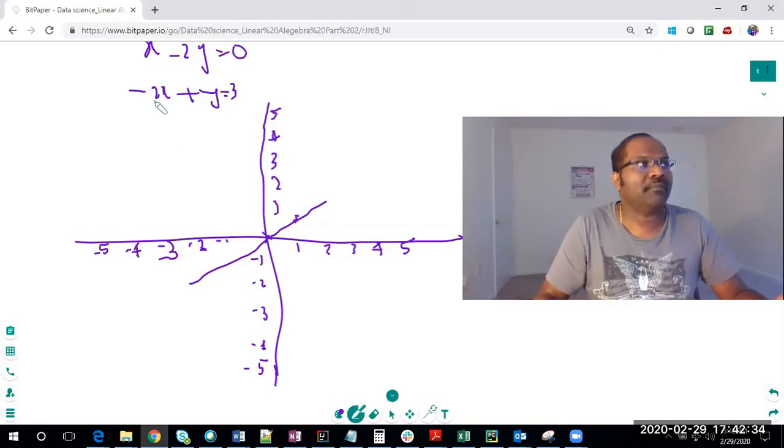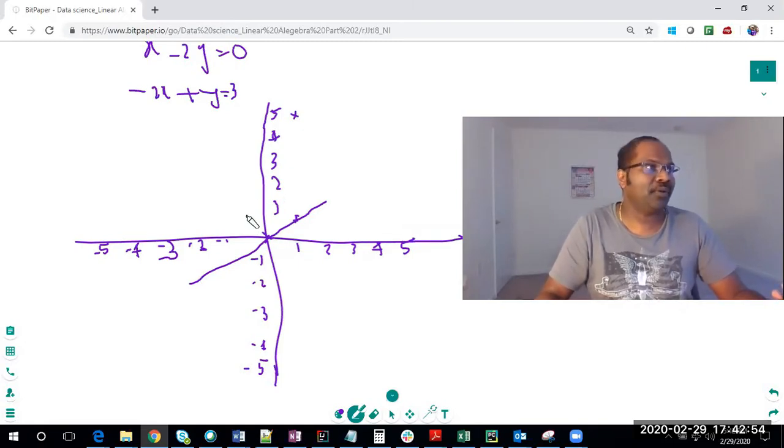Now, for the equation minus 2x plus y is equal to 3, let's put x is equal to 1. If x is equal to 1, we have y is equal to 5, correct? If x is equal to 1 means y is equal to 3 plus 2 is equal to 5. We have one point here. Let's bring another point.